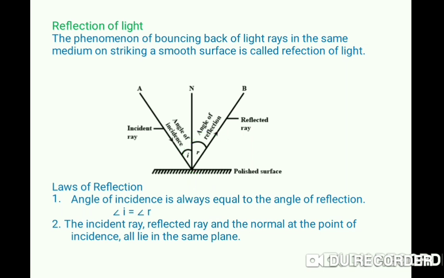What is the angle of incidence and angle of reflection? The angle made between the incident ray and the normal is said to be the angle of incidence, and the angle made between the normal and the reflected ray is said to be the angle of reflection.